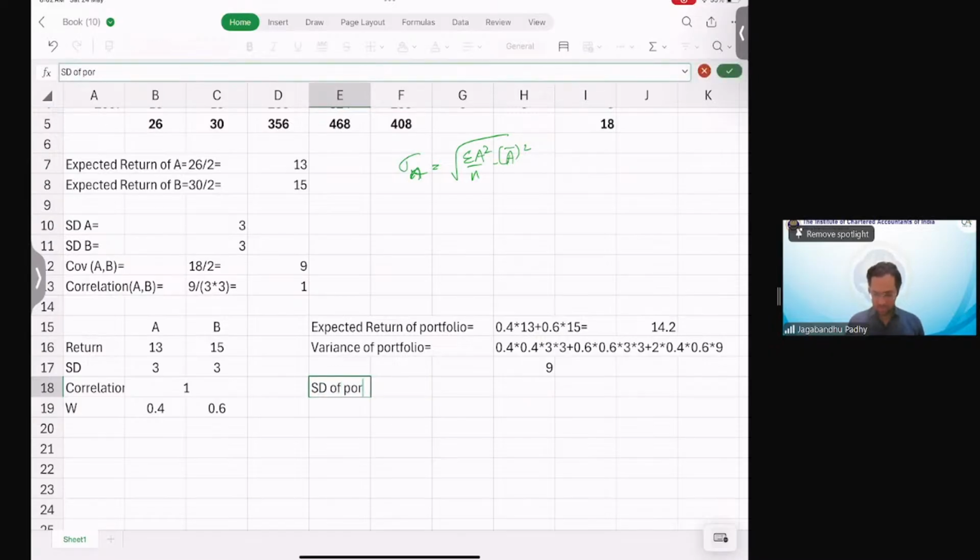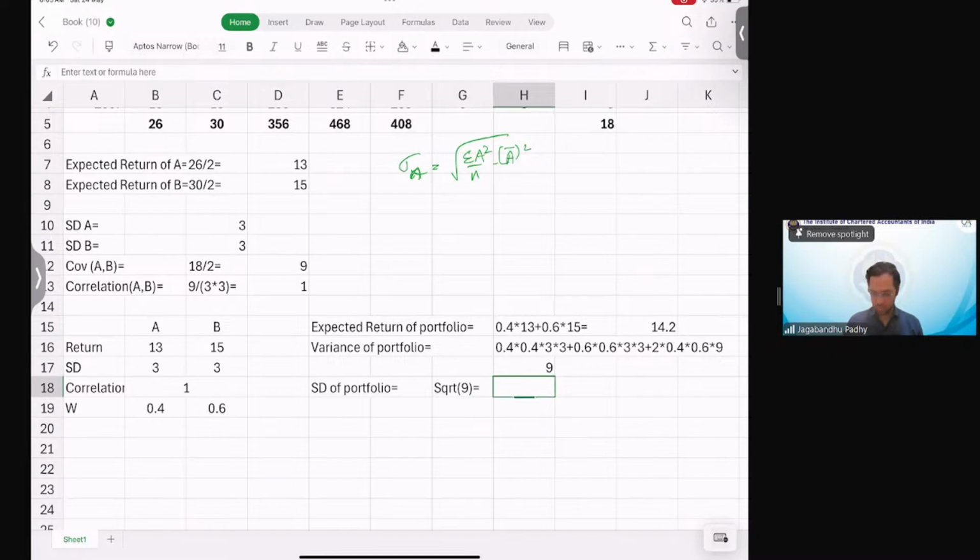And what about the standard deviation of the portfolio? Standard deviation of the portfolio will be square root of 9, which is 3.